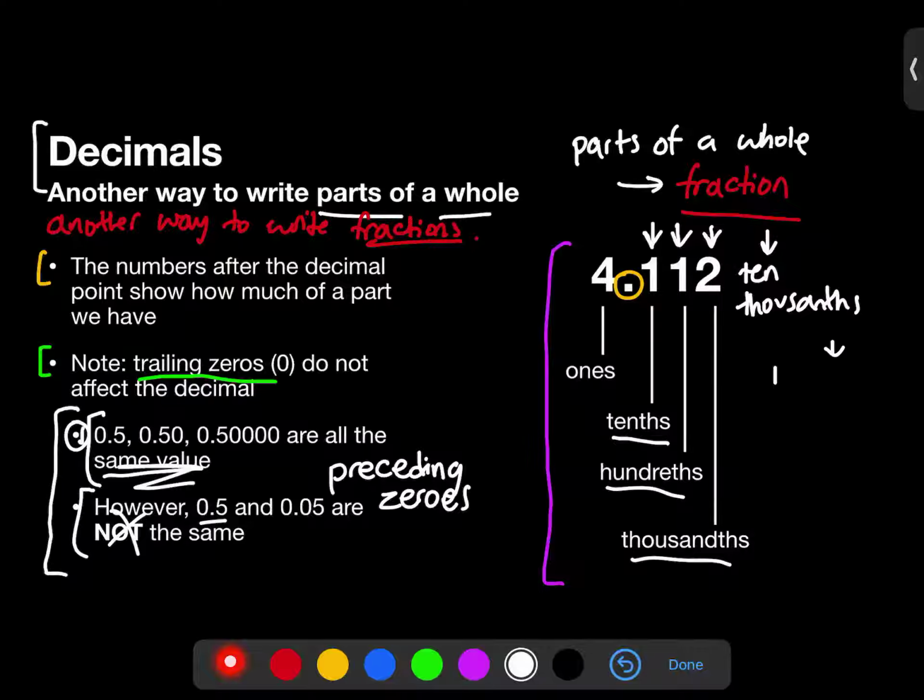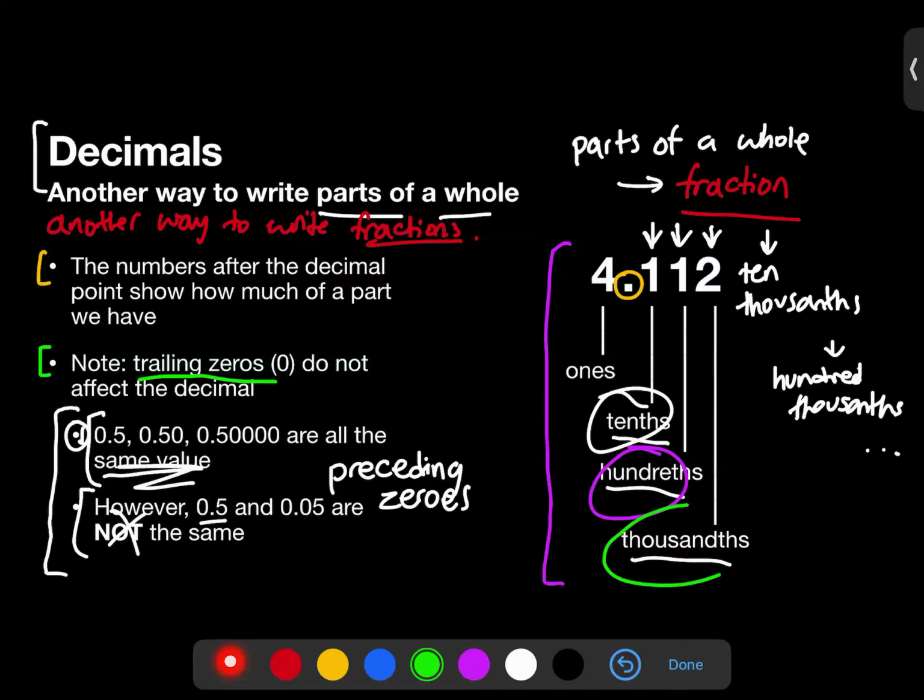The fifth one would be the 100,000ths, and so on, right? So we have the ones place, which is right before the decimal. Then after the decimal, the first value we have is the tenths. The second value is the hundredths, and the third value is the thousandths.